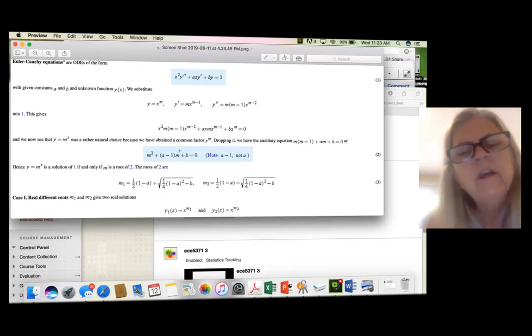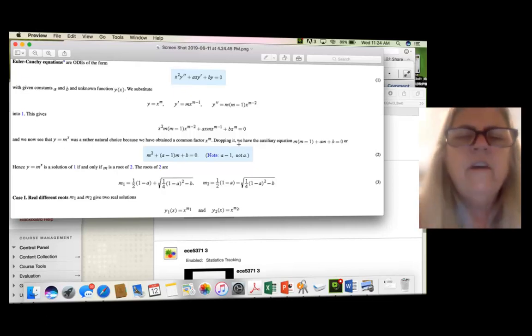But the middle term, the term that multiplies xy prime, actually has the coefficient of a. And the auxiliary equation yields a minus 1. So you have to take whatever that coefficient a minus 1 was and get it in terms of a.